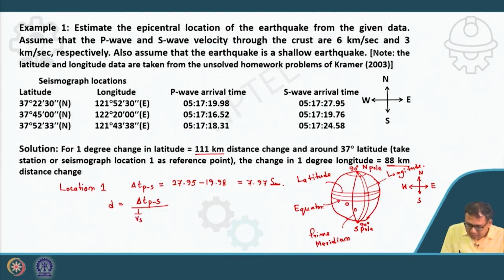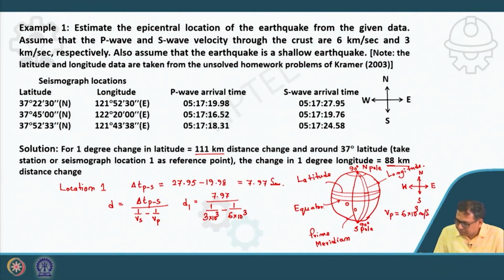Now, we know the equation: del TPS divided by 1 by Vs minus 1 by Vp, where Vs is 3 km per second and Vp is 6 km per second. So here I put 7.97 divided by 1 by 3 into 10 to the power 3, because I am converting kilometers to meters, minus 1 by 6 into 10 to the power 3, since Vp is 6 kilometers per second and Vs is 3 into 10 to the power 3 meters per second.